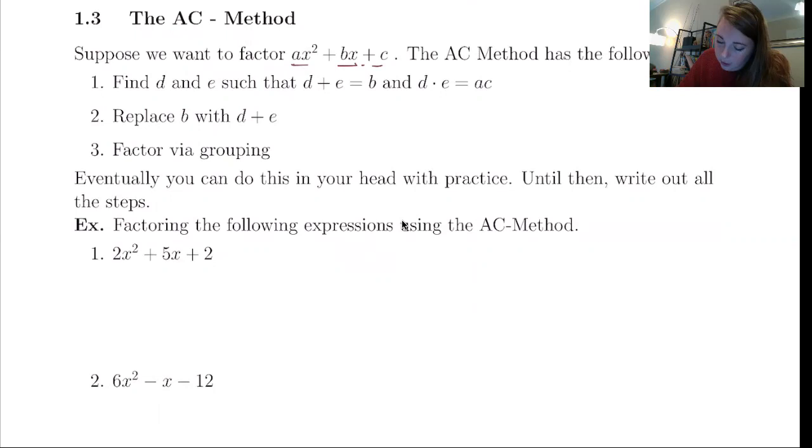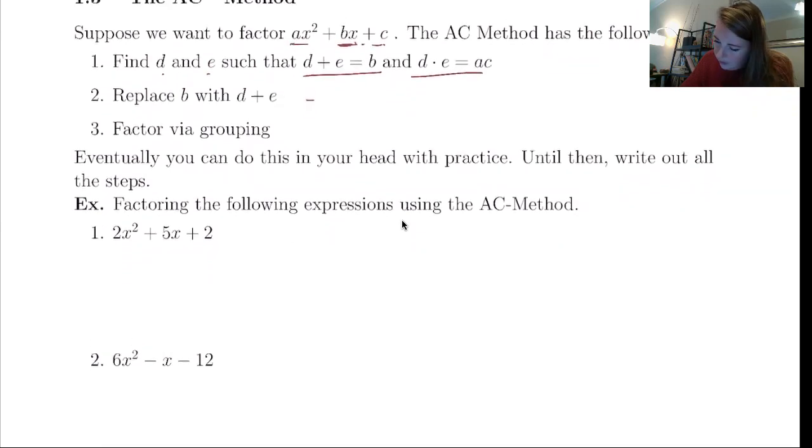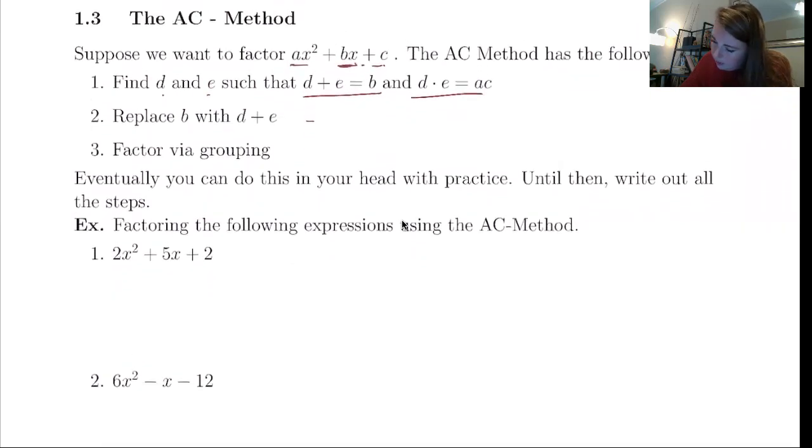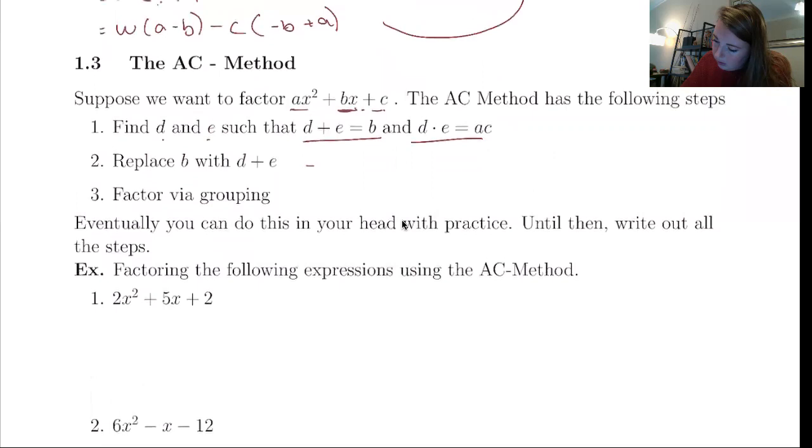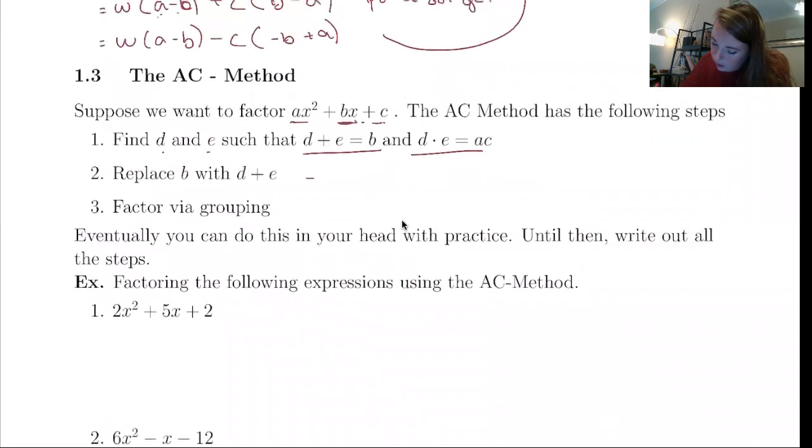We're going to find 2 other numbers such that they add to b and they multiply to be a times c. And then I'm going to replace this bx with d plus e and factor via grouping. So that'll give me 4 terms. Eventually you can do this in your head and practice. Until then, write out all the steps.